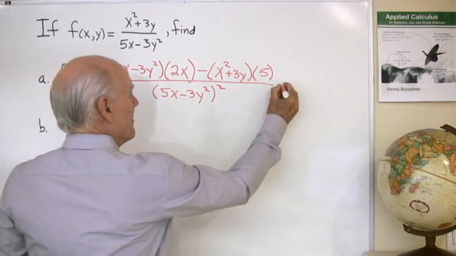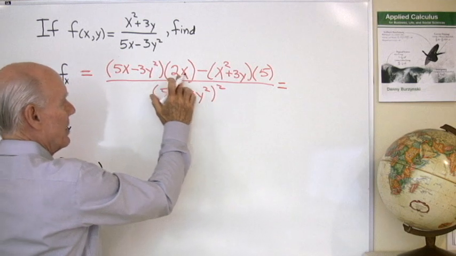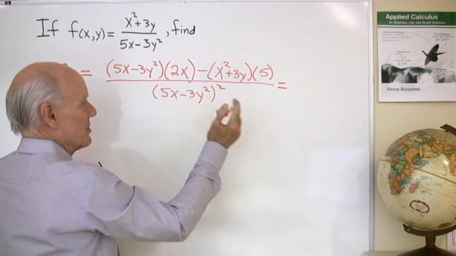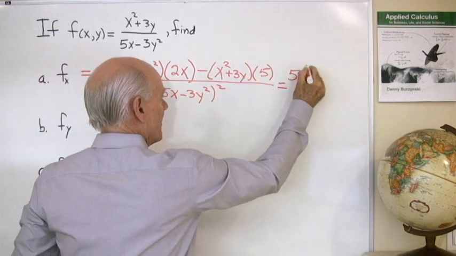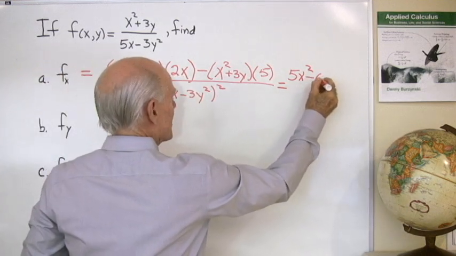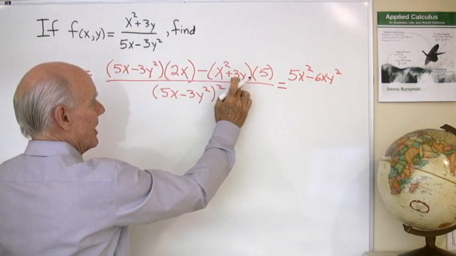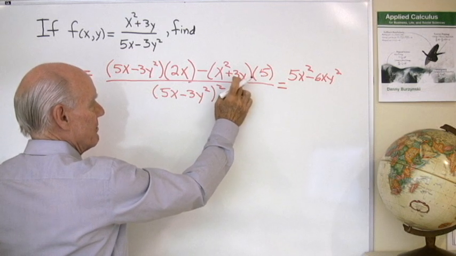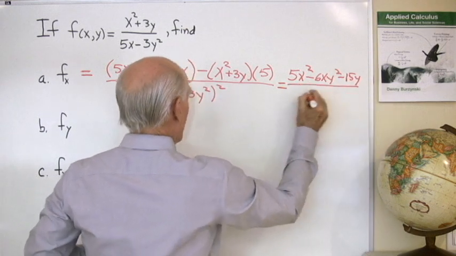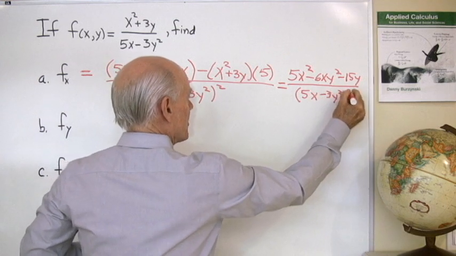So let's see what we can do. Here I have 2x times 5x, that's 10x squared. Here I have minus 5 times x squared, so this is going to be 5x squared. And then I have 2x times negative 3y squared, so minus 6xy squared. 5 times 3y is 15y, and that's negative, so minus 15y, all divided by 5x minus 3y squared, squared.